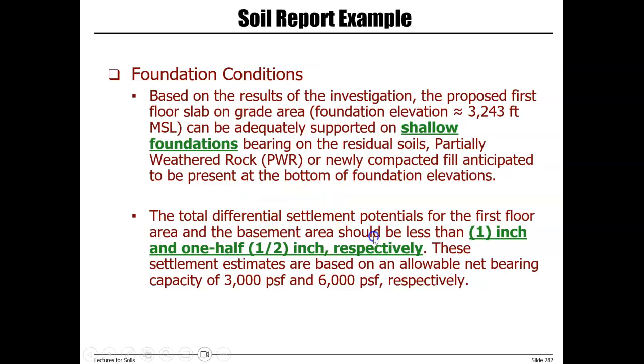The total differential settlement potentials for the first floor area and the basement area should be less than 1 inch and 1/2 inch respectively. These settlement estimates are based on an allowable net bearing capacity of 3000 psf and 6000 psf.